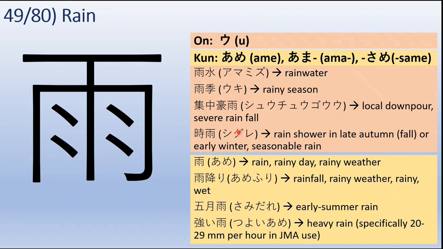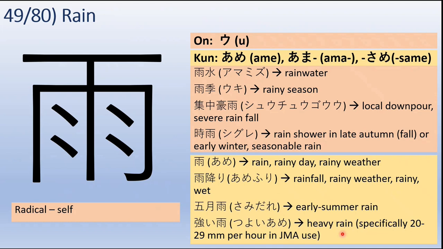Amefuri means rainfall, rainy weather or rainy or a wet day. Then we have Samidare. Samidare means early summer rain. And we have Tsuyoi Ame. Tsuyoi Ame means heavy rain, specifically 20 to 29 millimeter per hour in JMA units.